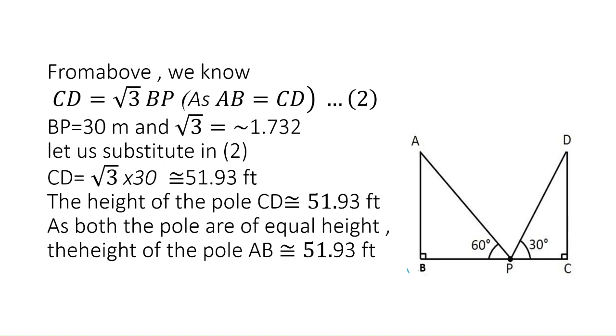So obviously the height of the pole AB is also 51.93 feet. And we are able to find out the height of the poles and the distance from the point to pole 1 and pole 2 successfully.